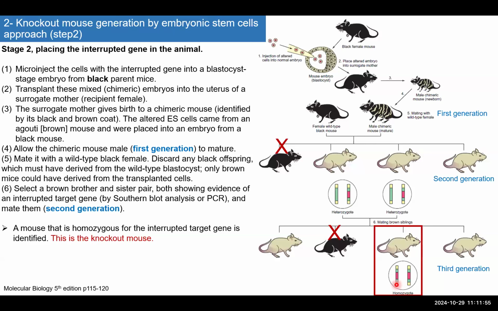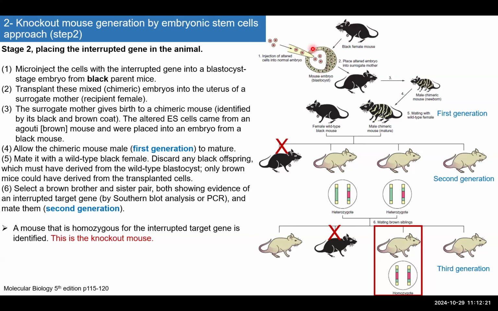So the next step now. The next step is to breed a totally different type of animal, because we were using the brown, now we are using the black. We mate black males and females, and that female has an embryo now at the blastocyst level. It would be the perfect timing to add those engineered red cells where we interrupted the gene.